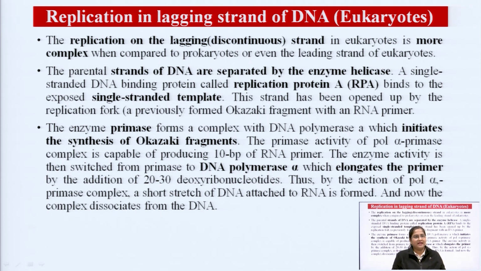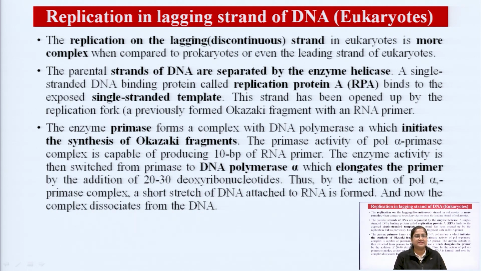This is in the lagging strand. It is the same as in prokaryotes, but certain things are different, like there is an incorporation of replication protein A. In prokaryotes we had DnaA for starting the replication process. Here we have replication protein A. The enzyme primase is used, same as before, and initiates the synthesis of Okazaki fragments.